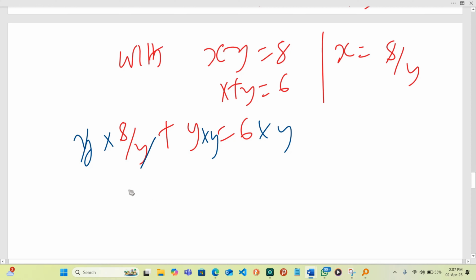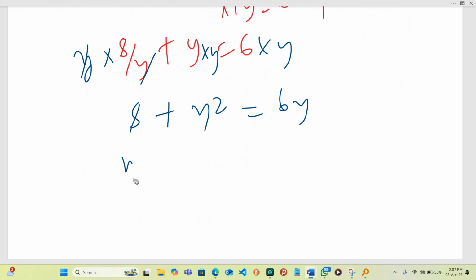So this and that will go. I'll have 8 plus y squared equal to 6y. Meaning, I'll have y squared minus 6y plus 8 equal to 0. And this becomes a quadratic equation in y.